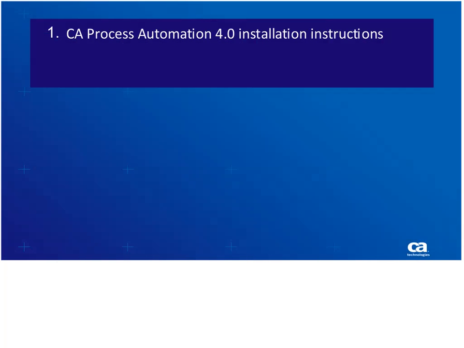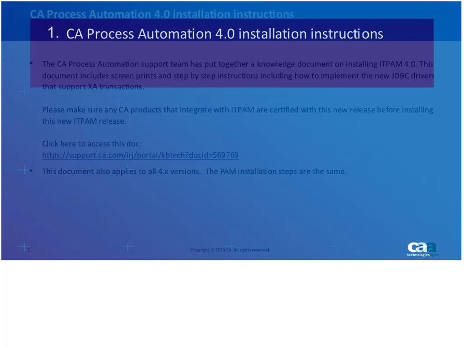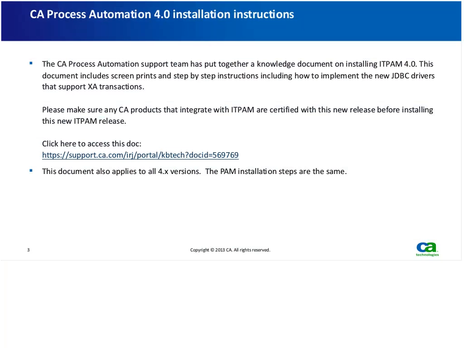The first one is installing Process Automation 4.x or 4.0. This technical document, with the 4.x release, we now require XA transactions being turned on. This document is a complete walkthrough of any of the 4.x versions, 4.0, 4.1, or 4.2. They're all very similar.